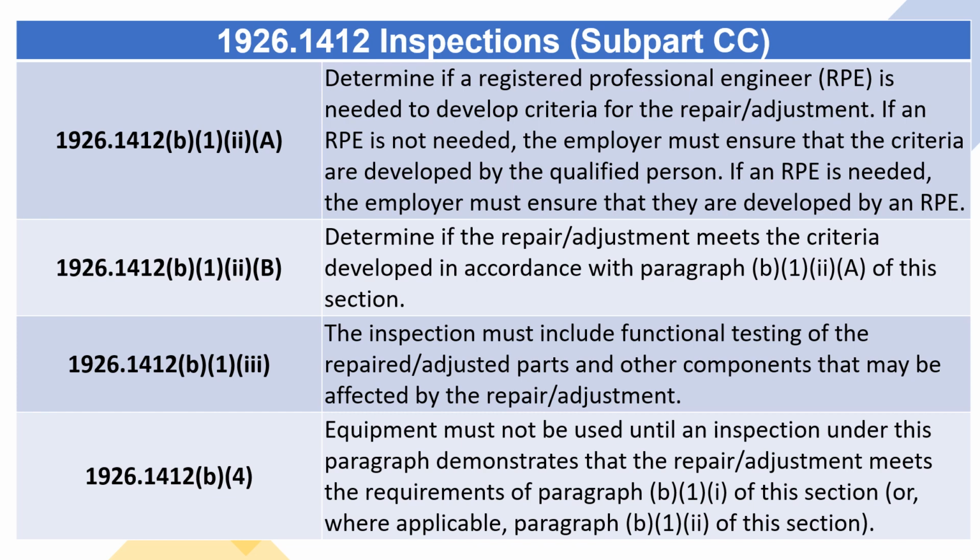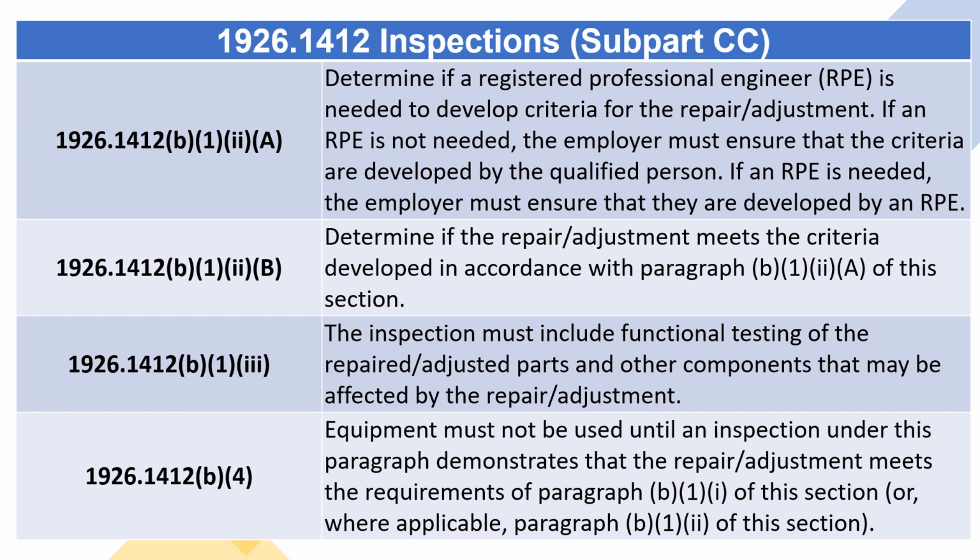If an RPE is not needed, the employer must ensure that the criteria are developed by the qualified person. If an RPE is needed, the employer must ensure that they are developed by an RPE. Determine if the repair/adjustment meets the criteria developed in accordance with paragraph (b)(1)(2)(a) of this section.